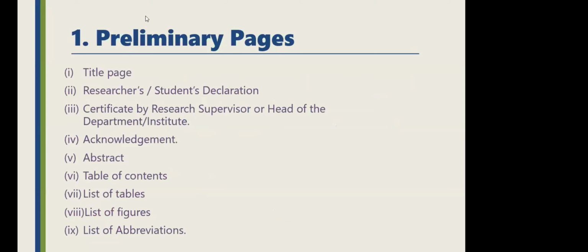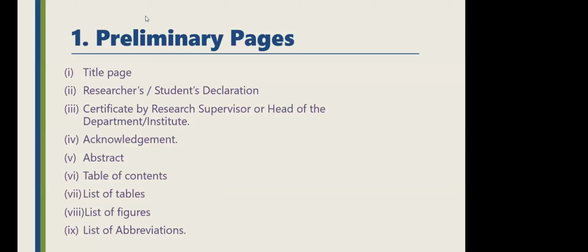Preliminary pages. What are the preliminary pages and what do they contain? The preliminary pages come at the beginning of the report. When you are preparing a report, the first few pages are called the preliminary pages. What are the pages contained in it?